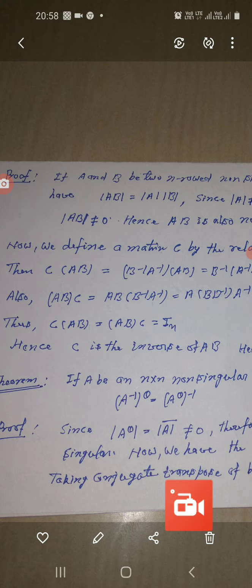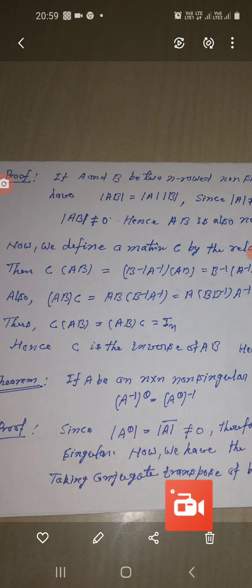This may be written as B inverse times (A inverse A) times B, and this is equal to B inverse times I times B, which is equal to B inverse B, and this is nothing but In.